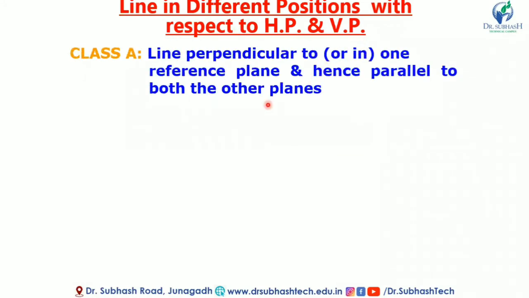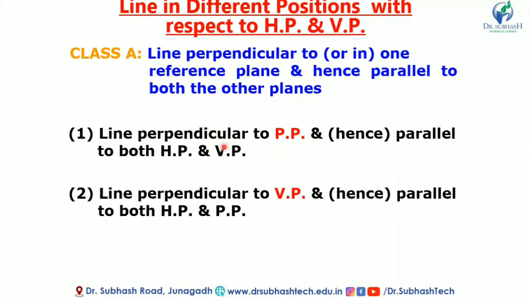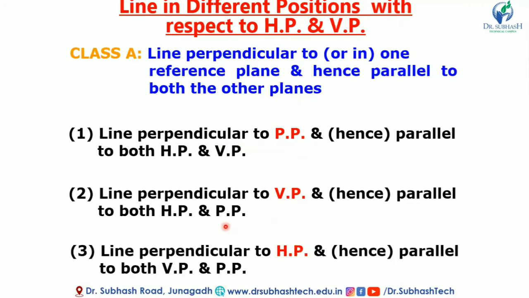We have already studied in our previous lecture class A, that is the line perpendicular to or in one reference plane and hence parallel to both the other planes. In it there are three different positions of line: line perpendicular to PP, line perpendicular to VP, and line perpendicular to HP.